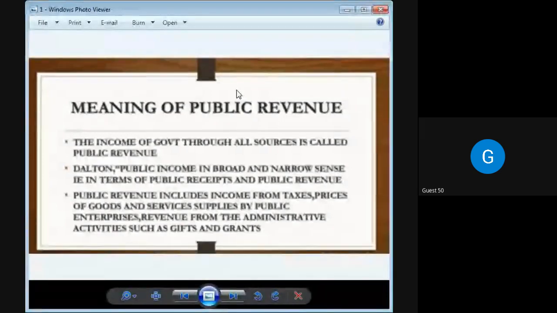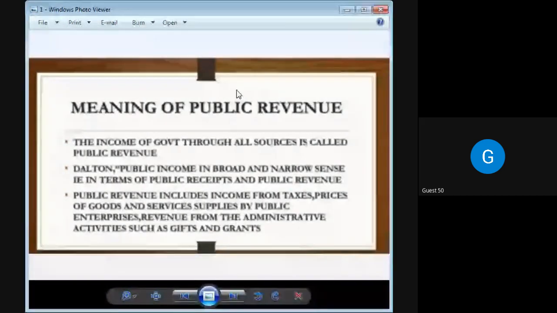And according to the economist Dalton, public income can be understood in a broad and narrow sense, in terms of public receipt and public revenue. According to Dalton, public revenue can be identified through two terms. First is public receipt and second is public revenue.